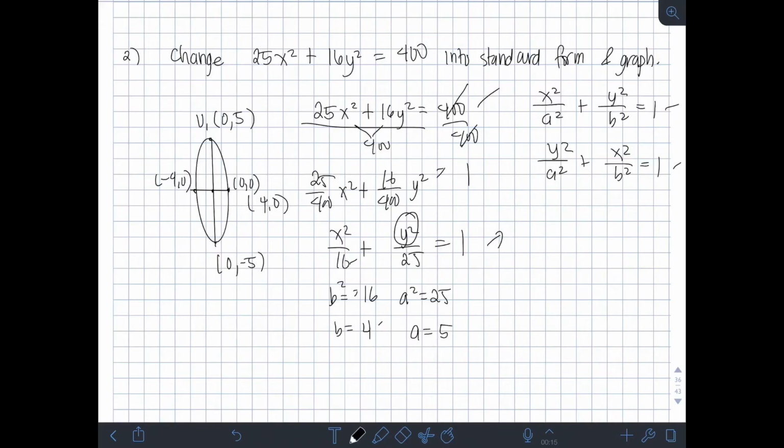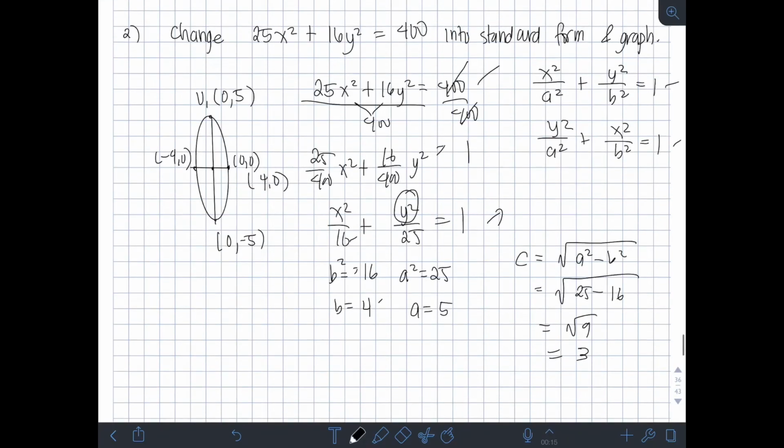Then, to solve for the focus, solve natin si c. So, c is equal to square root of a squared minus b squared, right? So, substitute natin. So, a squared is 25 minus b squared is 16. So, dapat, same pa rin sa kanina na 3. Right? Pero yung form na ng focus natin is dahil nasa y-axis na yung major, it takes the form na 0, c and 0, negative c.